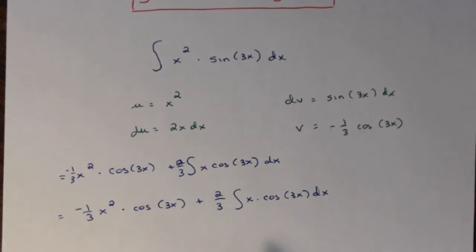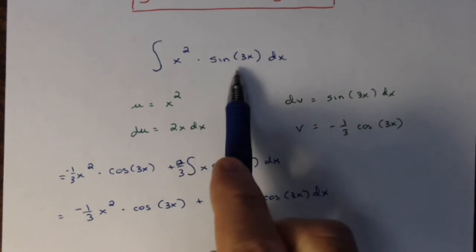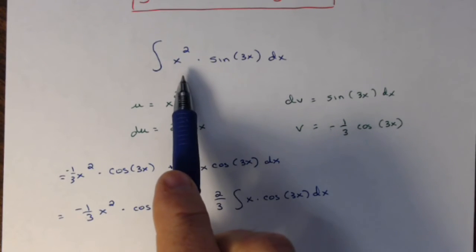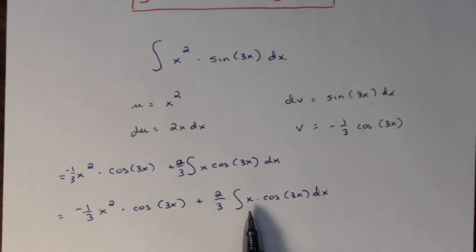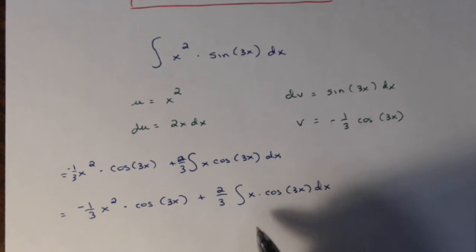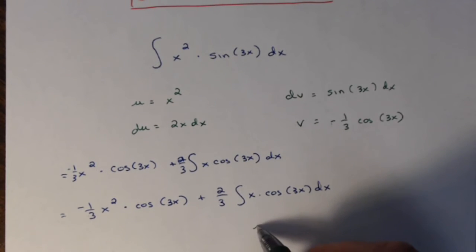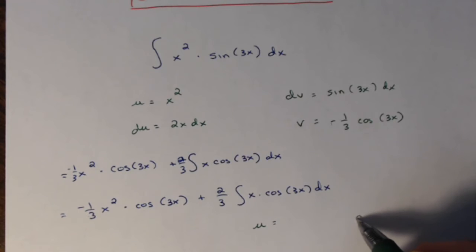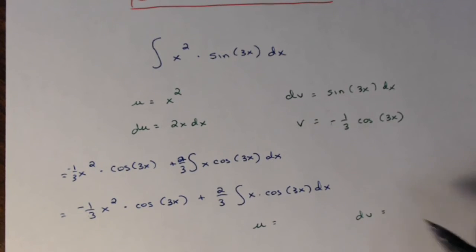All right, so we have this integral to solve, and this looks similar to not only our original integral that we're using integration by parts on, but it's similar to one of the questions in the part 1 video. So we actually have to use integration by parts once again here. So now we're going to reassign what u is and what dv is.